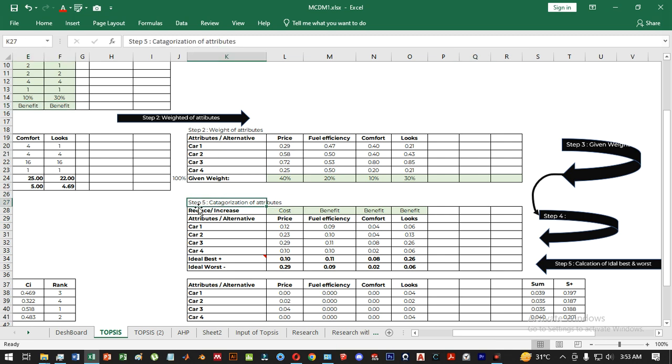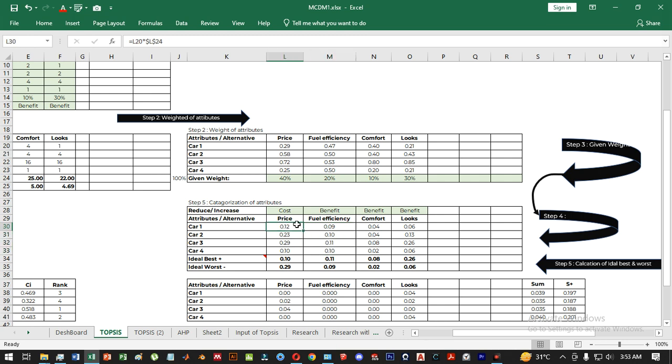After that, the fifth step is the category of attributes: if there is a cost, the ideal best solution would be the minimum of all the values. If there is a benefit, then the ideal best solution is the highest value of those numbers.